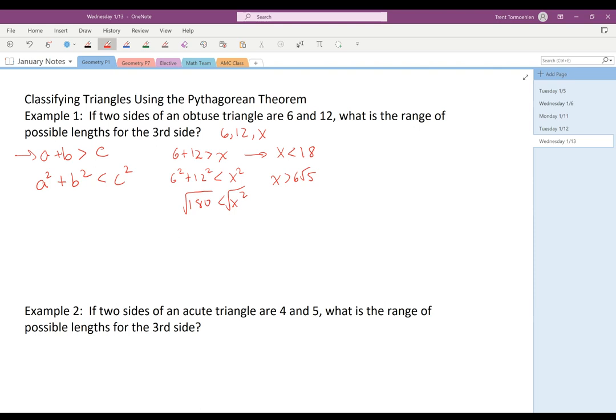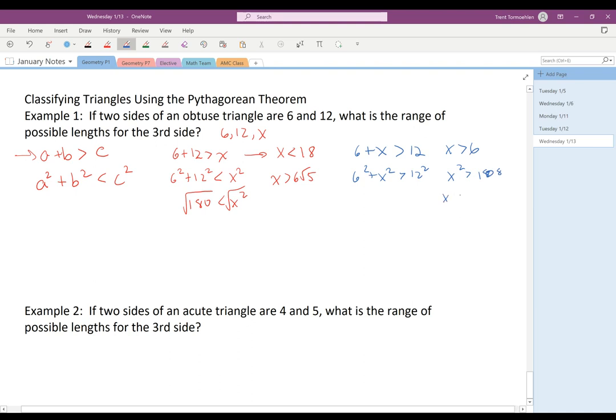And then we do the same thing, except this time we let 12 be the longest side, so x is one of the two short sides. So that would give you 6 plus x has to be greater than 12 by the triangle inequality. So x is greater than 6. So we know x has to be greater than 6 to be a possible length of the third side. And then the same thing as before, 6 squared plus x squared has to be less than 12 squared. And so that means x squared has to be less than 144 minus 36, which is 108.